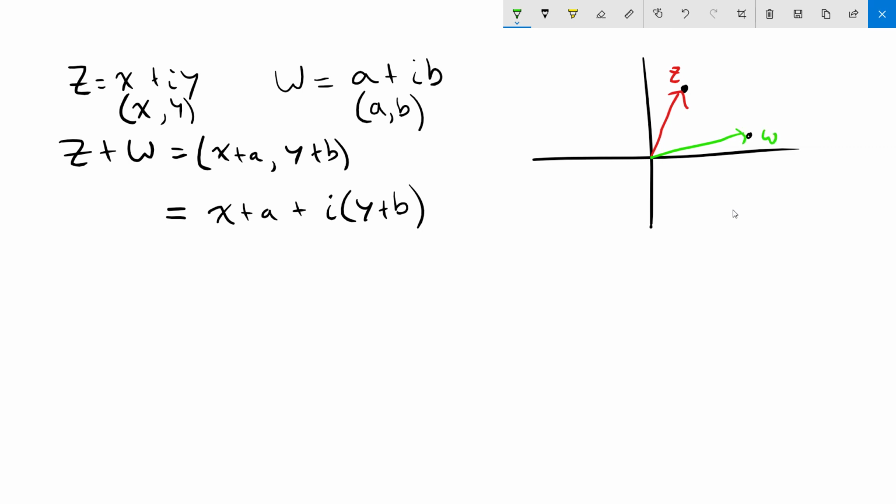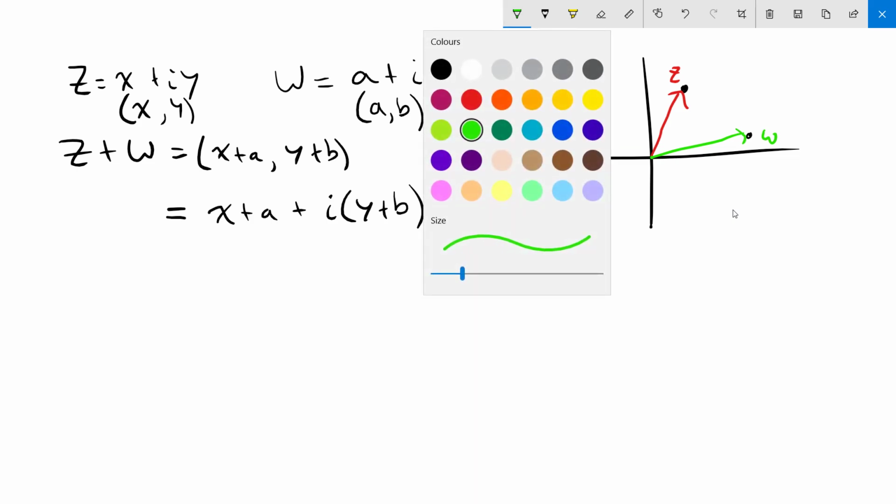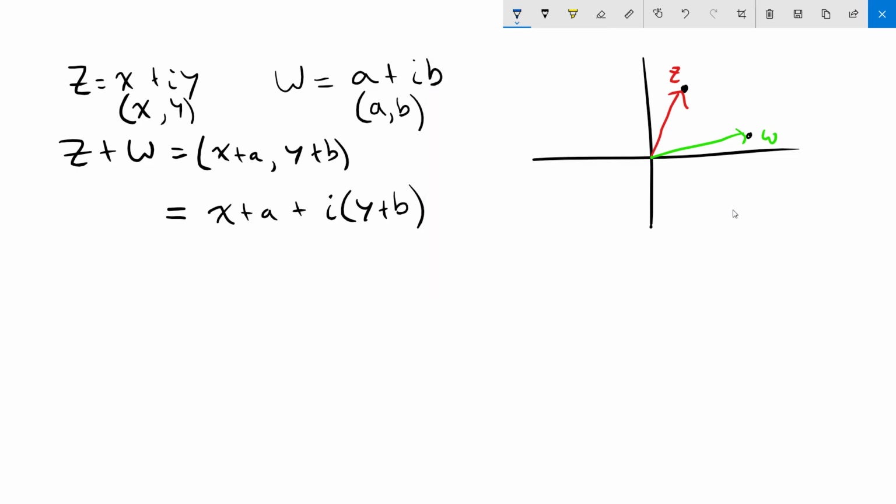Well, z plus w just represents the same thing that vector addition would do. So it represents the vector where if you were to translate w up here, just the vector going from the tail of z to the tip of w. This vector here would be z plus w.